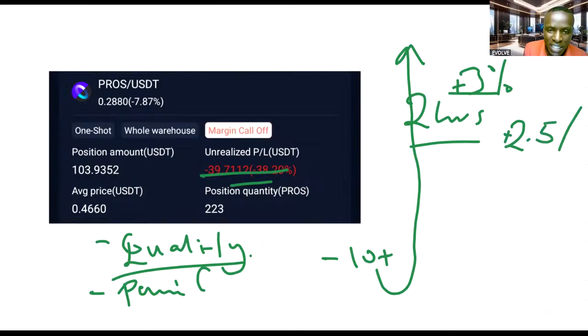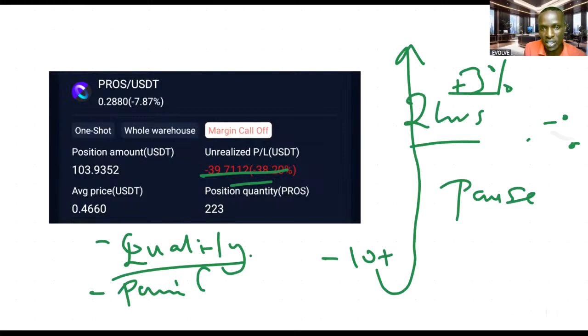It left -10, went up, overtook my take profit, and guess what? The coin was paused. It overtook the 3% I had requested.